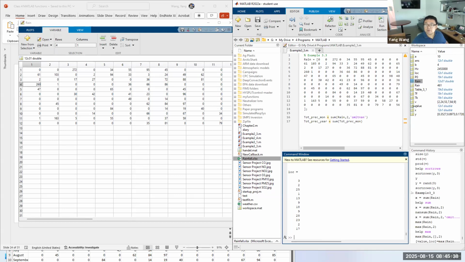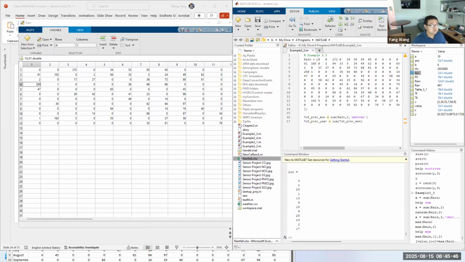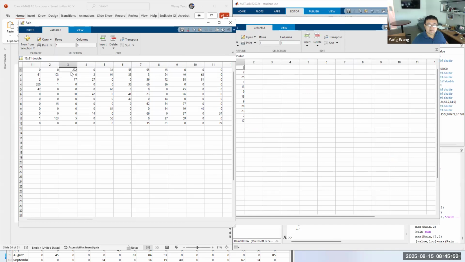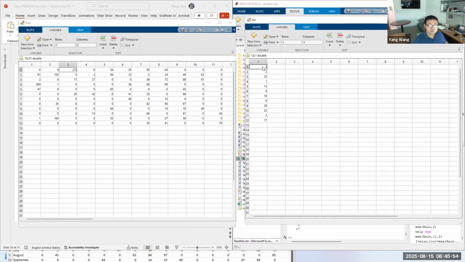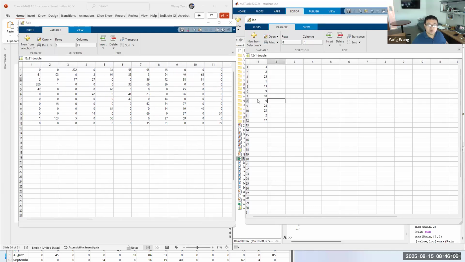So it's going to give us the value, which is the maximum value of the rainfall, and the location, which is where the maximum value is. For example, January has the maximum value on the 3rd day, right? February, 2nd day, March, 25th day, and so on and so forth.